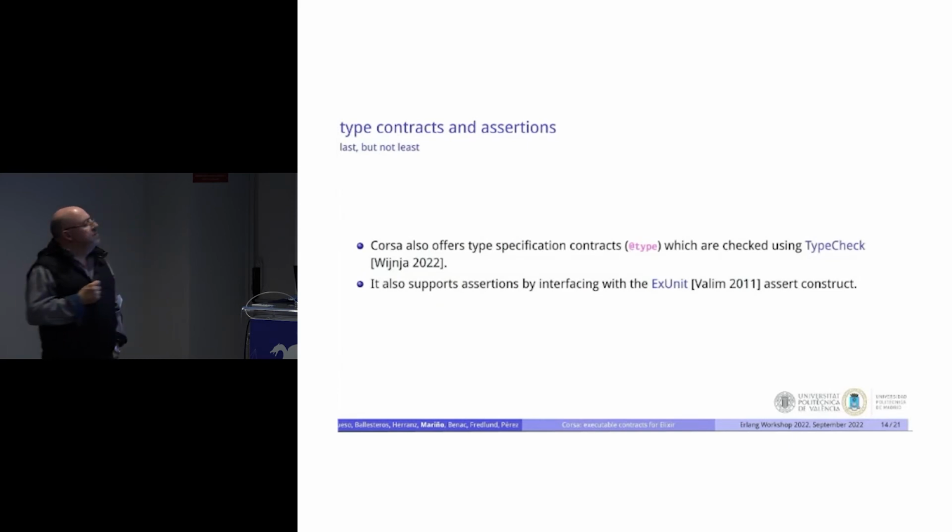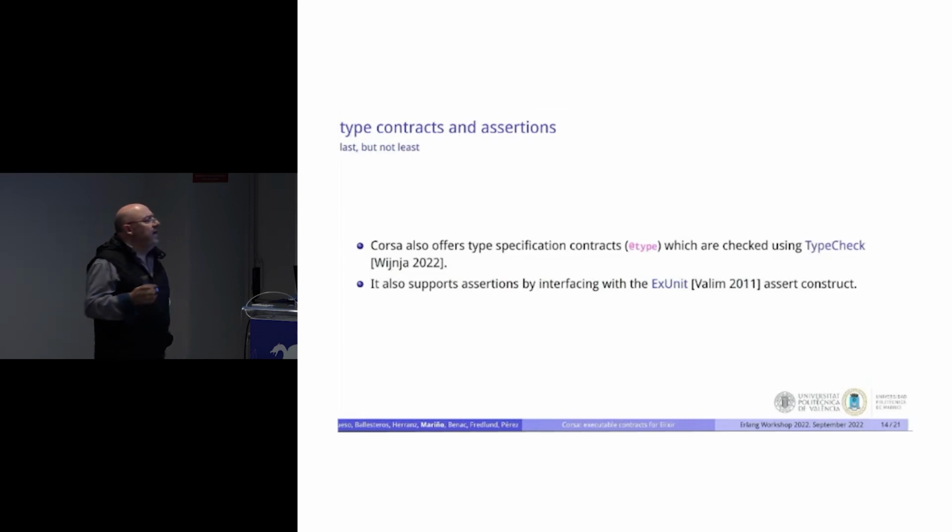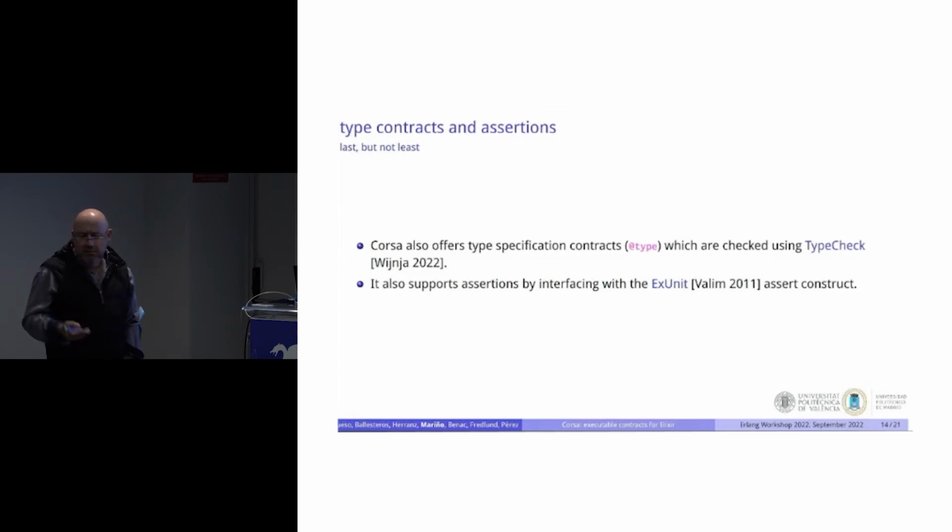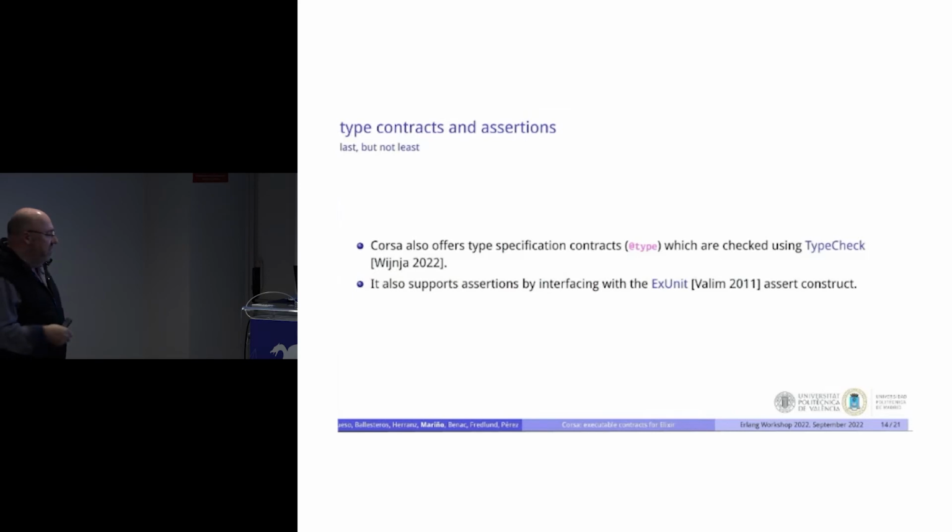Okay, assertions. This is also considered in the publicly available version. So we allow our system to call type checks and assertions from other libraries. So the idea is, if something can trivially be expressed as a typing constraint using some typing tool, then use it.